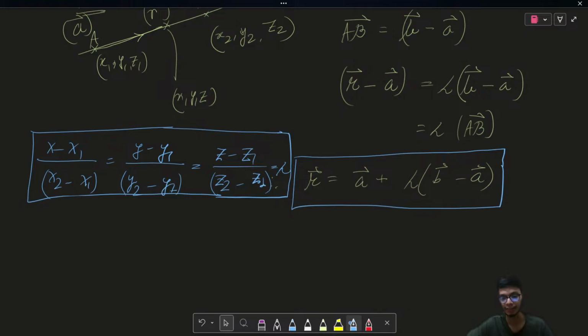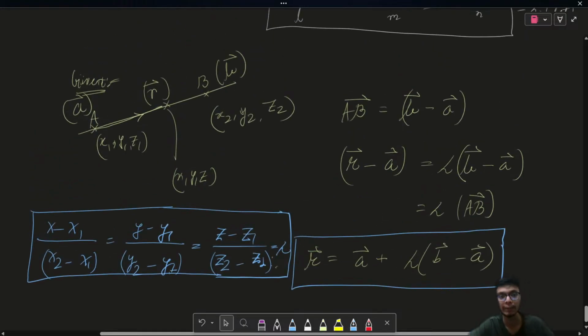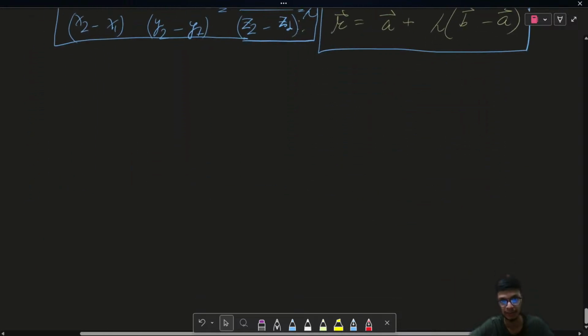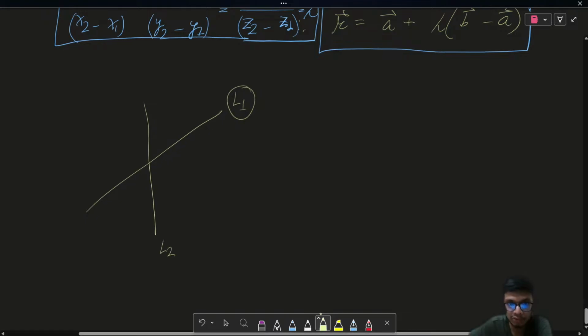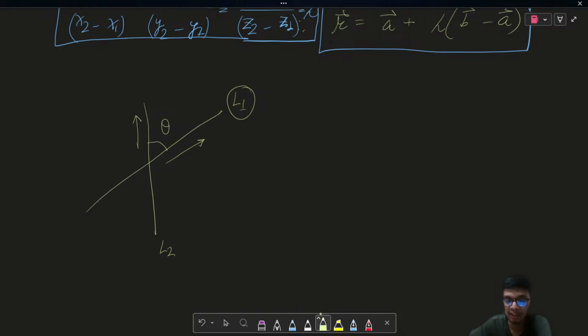Also, from here, if I tell you that I need to find the angle between the straight lines, or the angle between straight lines in 3-dimensional space, in a similar manner, if I give you two lines, let us say this is my line number 1 and this is my line number 2. If I need to find the angle between the lines, given as theta, I can find this theta by finding the angle between these two vectors which are directed along the lines.